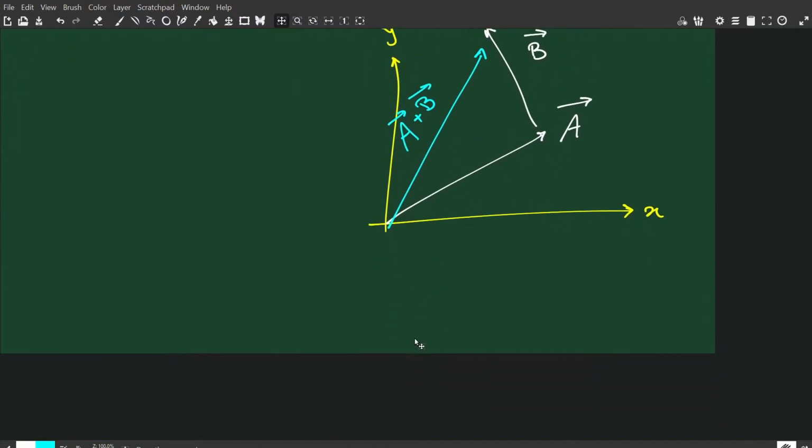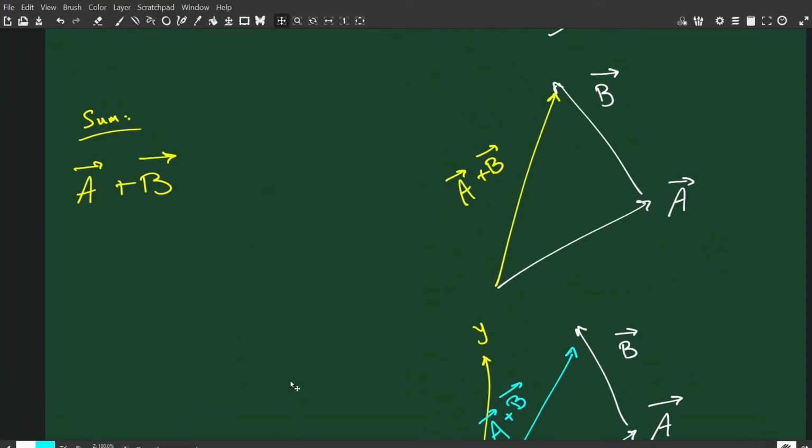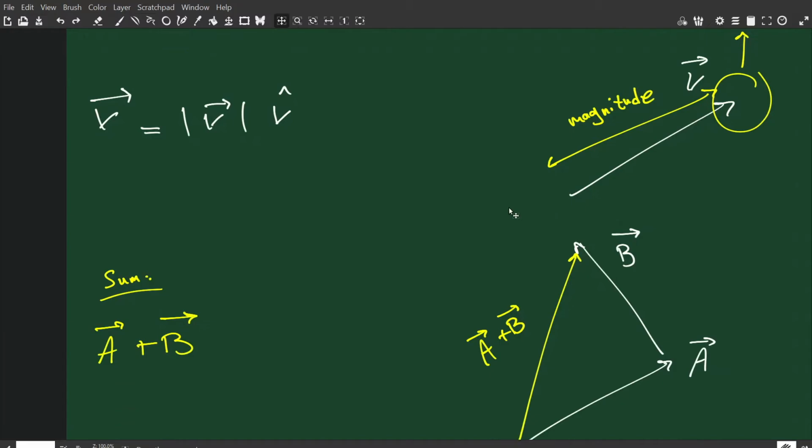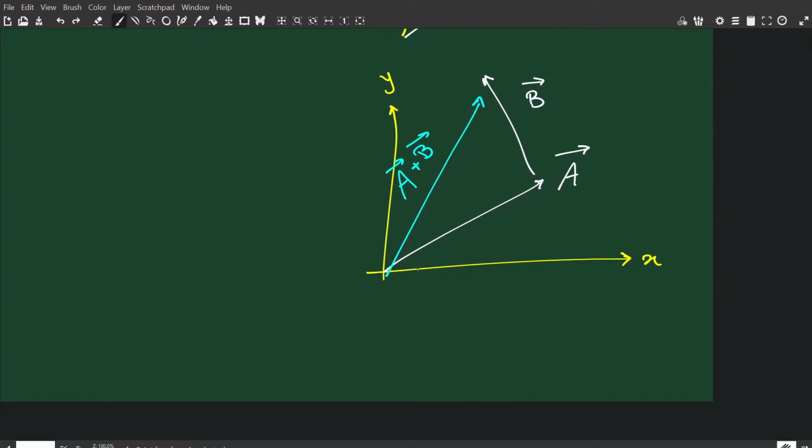At first we can write vectors as a sum of scalars and some directions. I mean, we can break down a vector to its magnitude and its direction, as I wrote here. And with that graphical definition of the sum of two vectors, I can write the a vector as the sum of these two vectors, ax and ay.